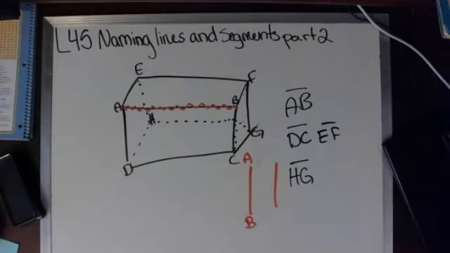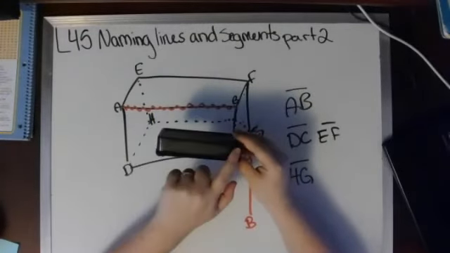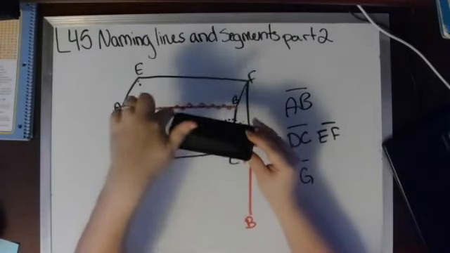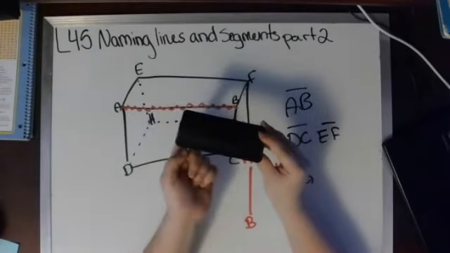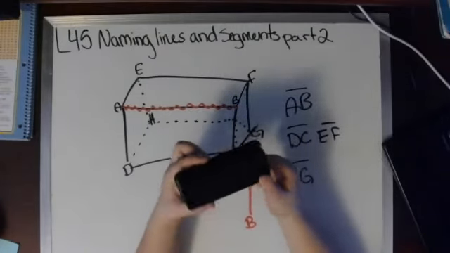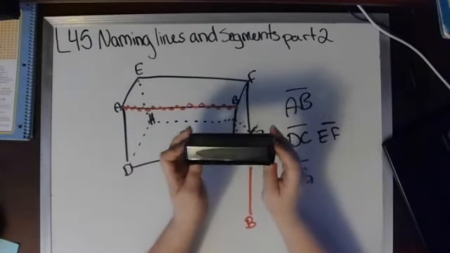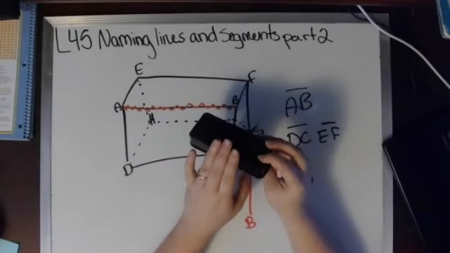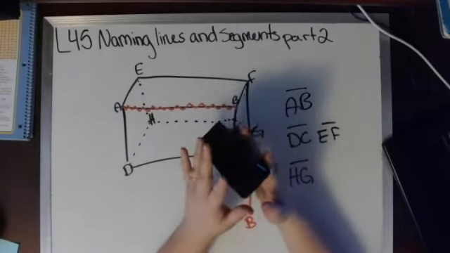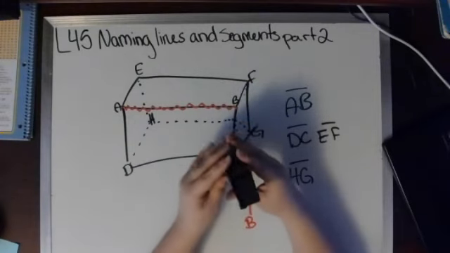Because again, if this is AB, this line down here, DC, is parallel. This line over here, EF, is parallel. And the one we can't see down here, the H to G, that is also parallel to here because they are all equal distances apart from AB. Okay, this line, because it's nice and straight, the entirety of it is parallel to the entirety of AB. This one parallel, this one parallel.